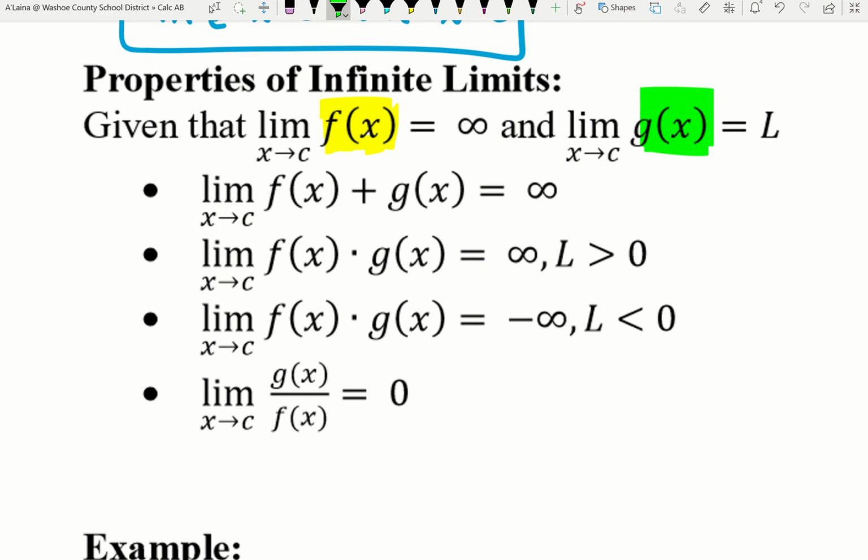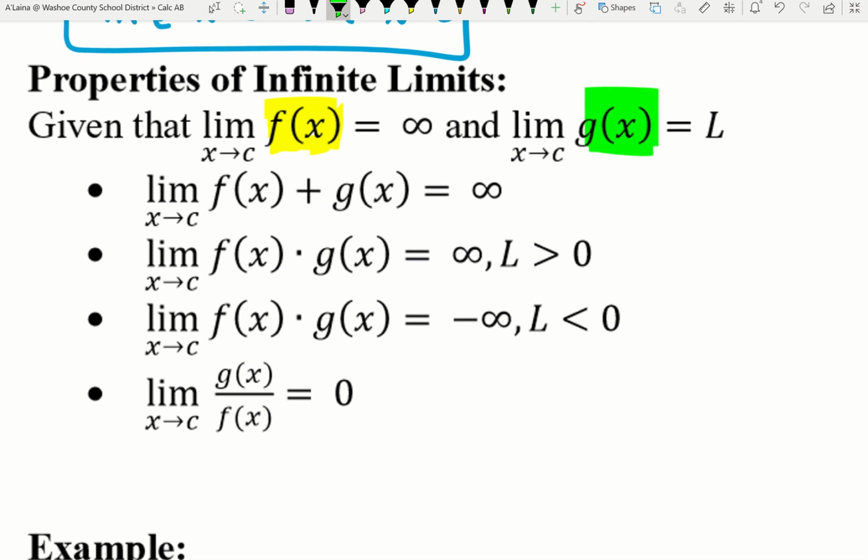So visually, we're approaching a height of infinity there at c, then that would be the location of a vertical asymptote, quite likely. Versus over here, for g of x, as x approaches c, we're approaching a height of L, where L is some constant. Okay, so we're going to say that L is a constant and c is a constant.